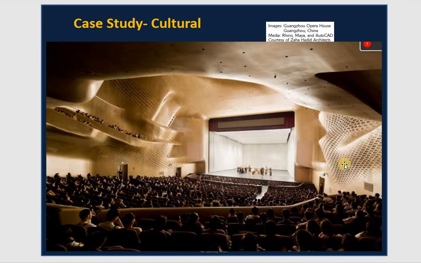This is the interior for culture, a cultural theater. You can see the insulation here with the wall and the ceiling. It's not a normal shape. It depends on the background of the culture, and they can show that in the design.